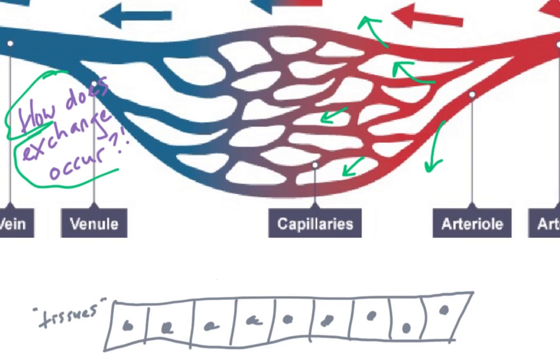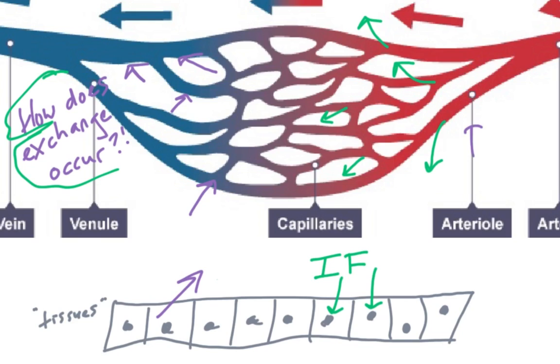And that's going to have to actually pass through the interstitial fluid before it can then reach our tissues. On the reverse side, we have CO2, we have waste products coming from our tissues that have to go through this interstitial fluid and need to get back in to the venous side of things so that it can be carried away.